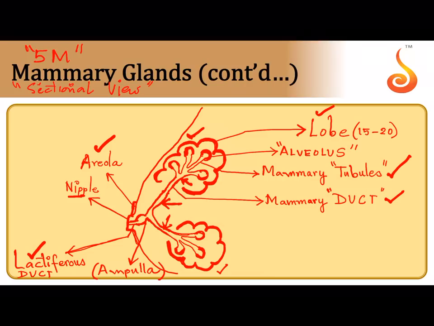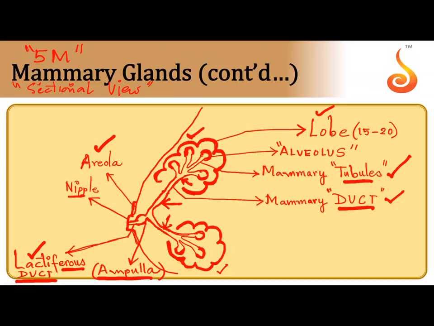It's important to note that even though the textbook diagram is slightly confusing, now you understood the organization of the mammary gland. So you know that there are clusters called lobes, within which there are sacs called alveoli, which give out smaller ducts which are called tubules. Larger ones are called ducts, unite together to form ampulla, which leads out onto the surface through the lactiferous duct.